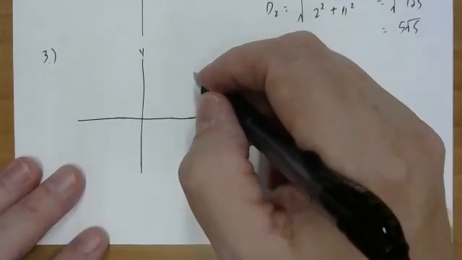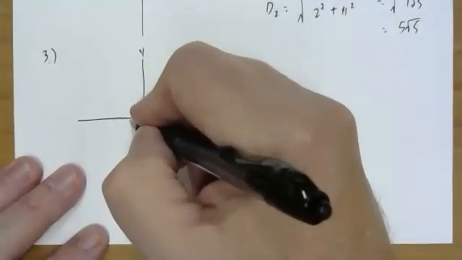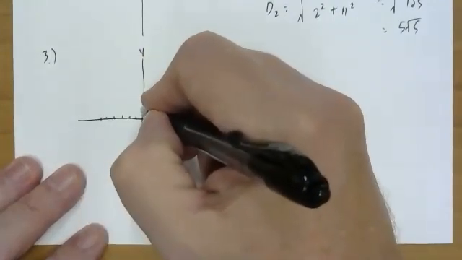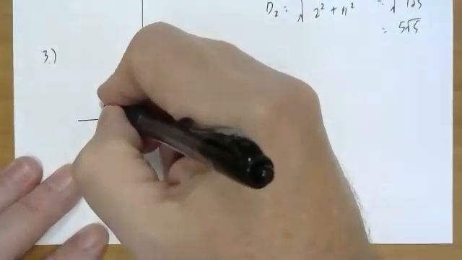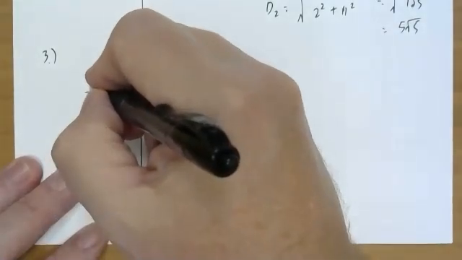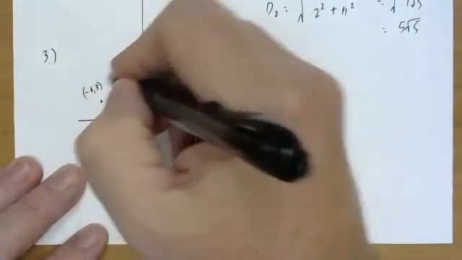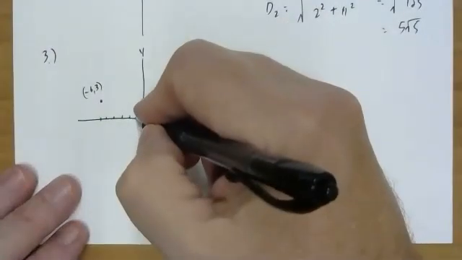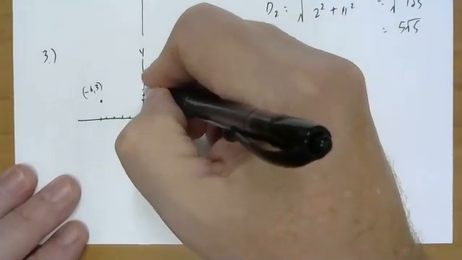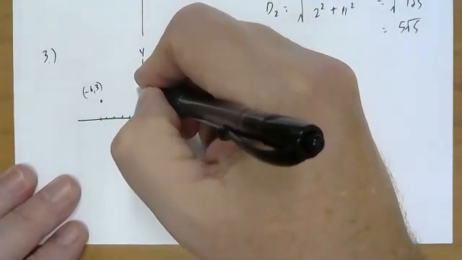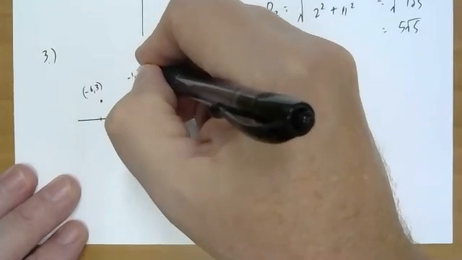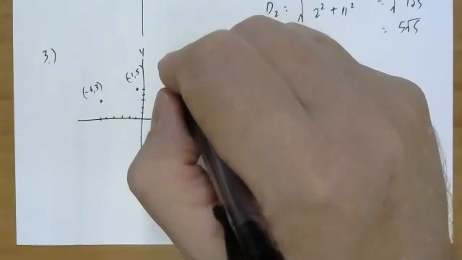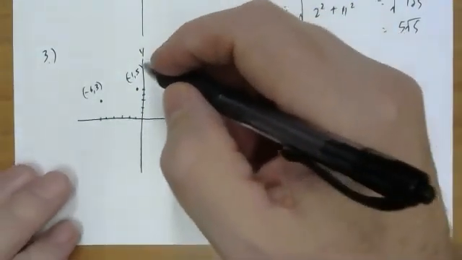So the 3 points, the first point is -6, 3. And the second point is -1, 5. And the third point is 3, -5.